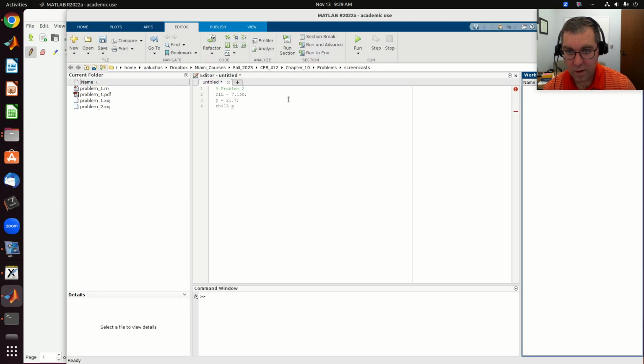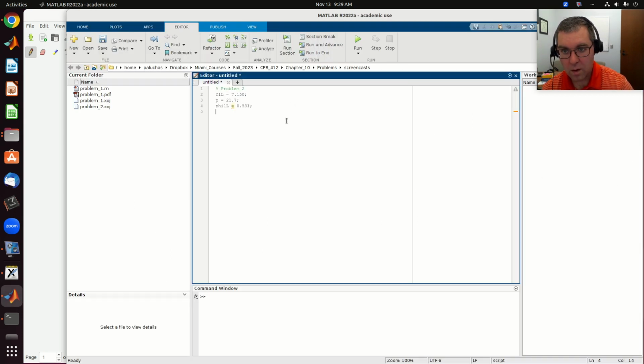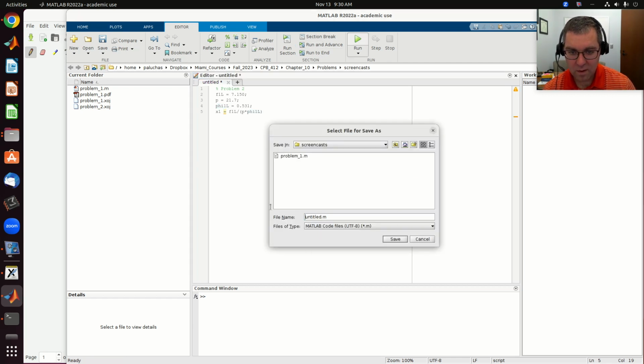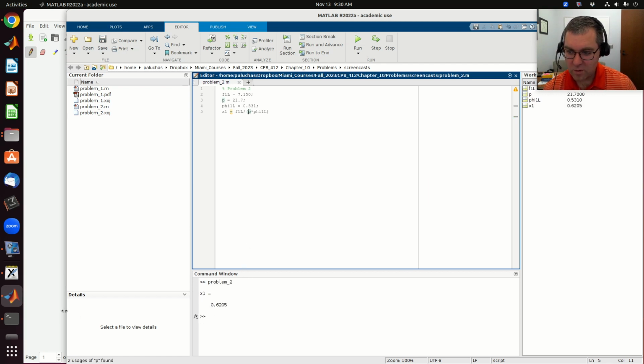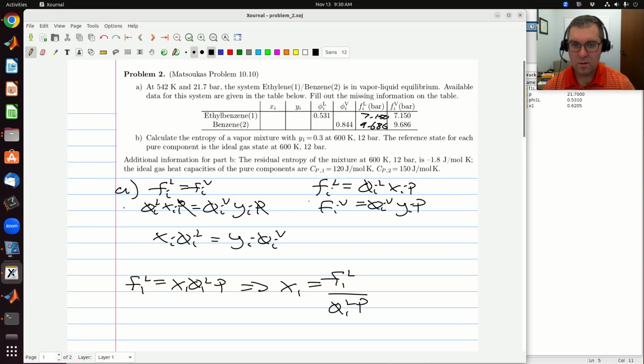In terms of solving for x1, x1 is equal to f1L divided by P times phi1L. Cool. I've got to save it, and if I run it, I get x1 is 0.6205.